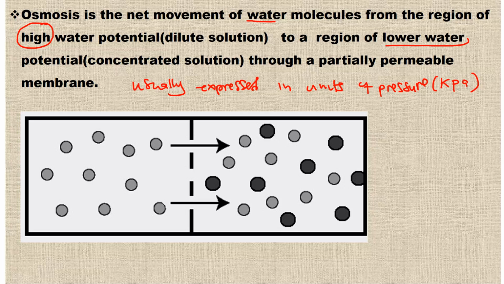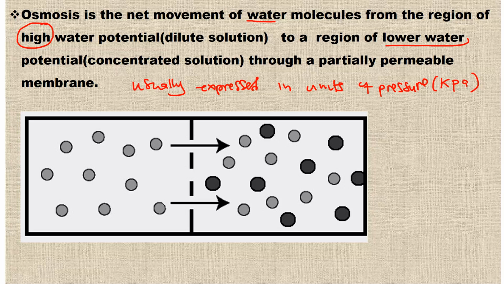Because I've seen questions with pressure numbers, and then they ask you where would be the movement of water. So we are saying water potential is just the measure of the energy status of water in the system, and it is usually expressed in the unit of pressure, and of course in this case kilopascal.